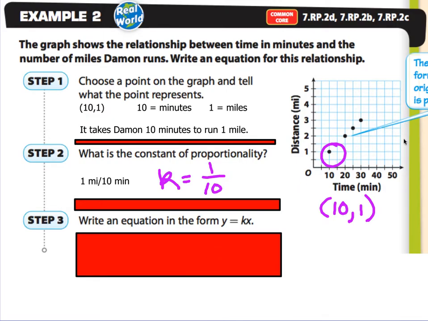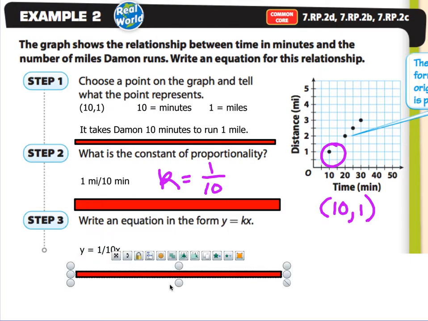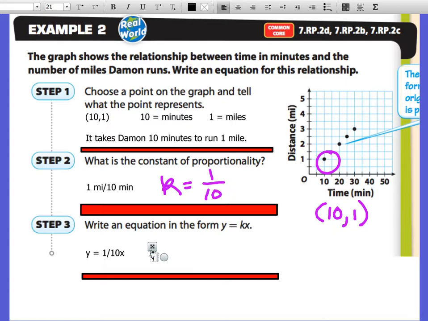And then write an equation in the form y equals k times x. So y equals 1/10 times x, where y represents the miles that Damon runs, and x equals the time in minutes that it takes him to run.